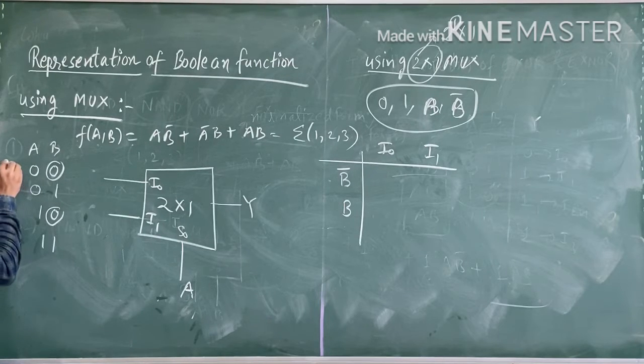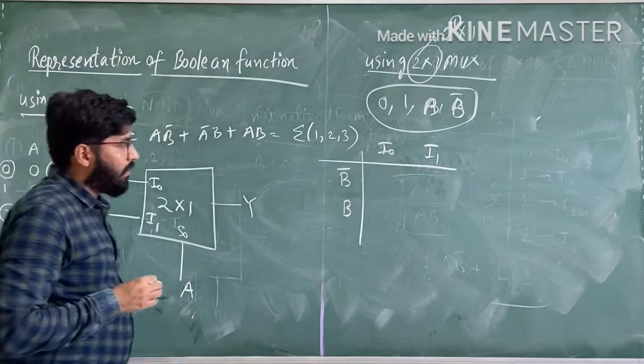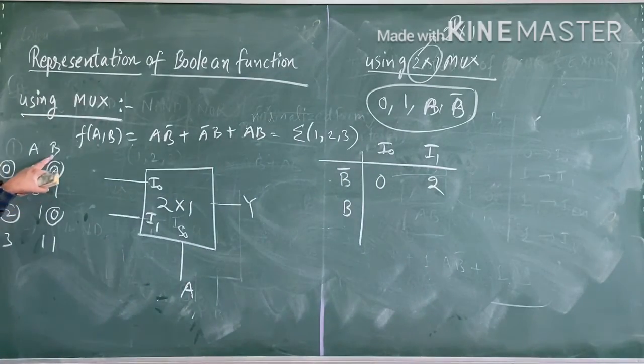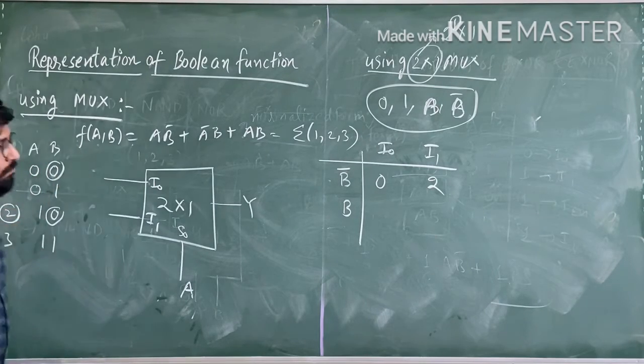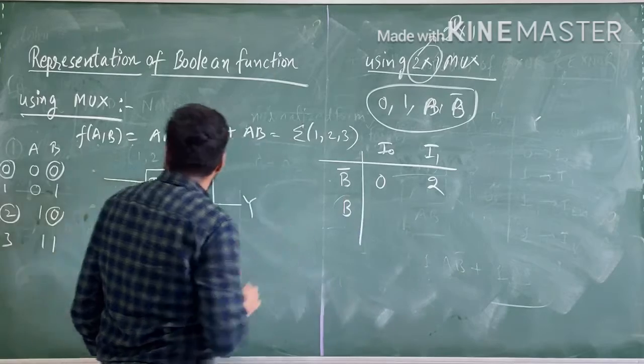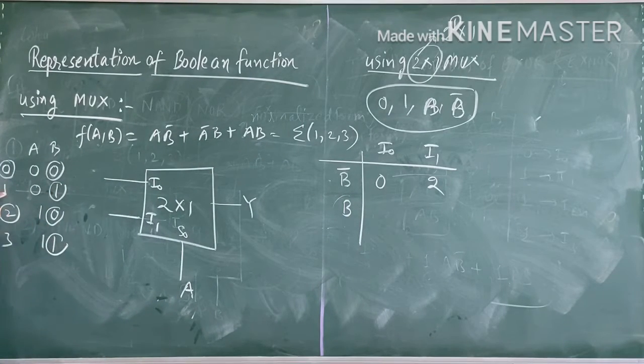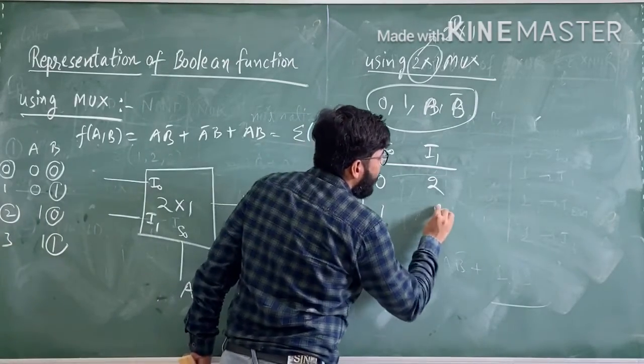So B complement comes when 0 is there and 2 is there. So you have to write here 0 and 2, because B complement comes in 0 and 2. Okay, now see B comes when the value is 1 and 3. So you have to put here 1 and 3.